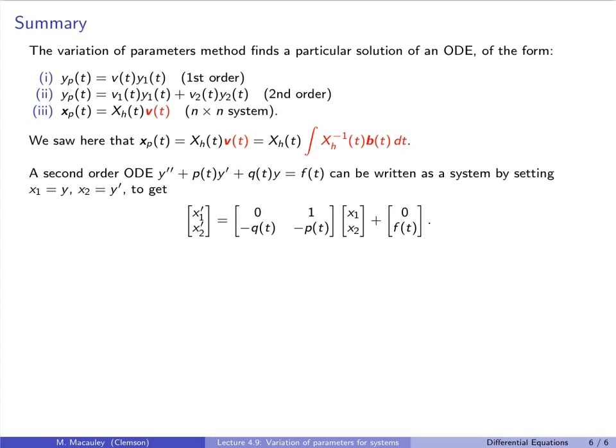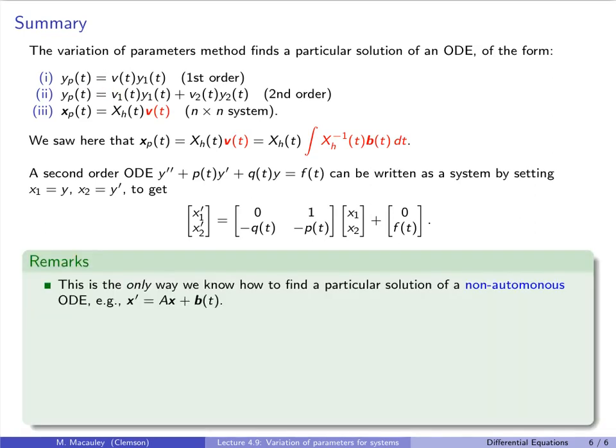Even though we've done this previously, in this lecture we showed that if we do variation of parameters for systems on this special case, we recover exactly what we got previously when we generalized variation of parameters from first order to second order. So some final remarks.